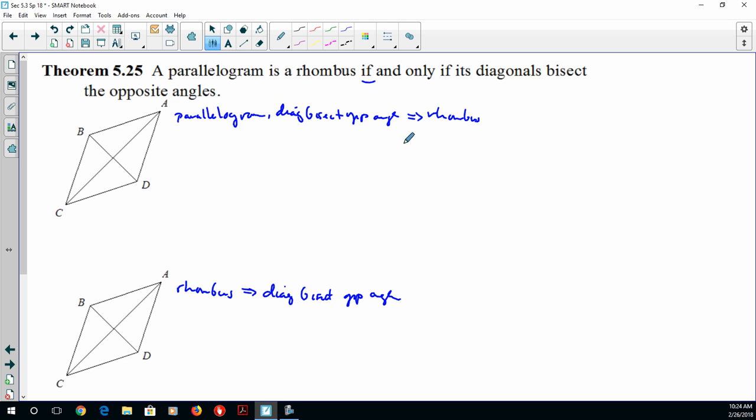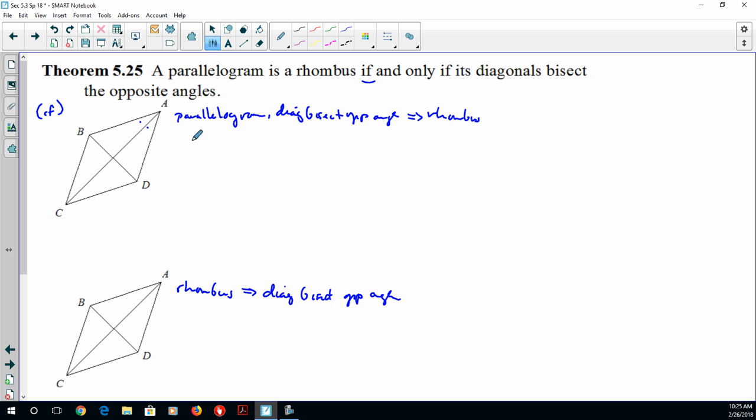Okay, the first part. This is the if direction. We're going to start with a parallelogram, and the diagonals bisect the opposite angles. Okay, so what this means is, so angle BAC, excuse me, let's put my little E here. I'm going to need that.